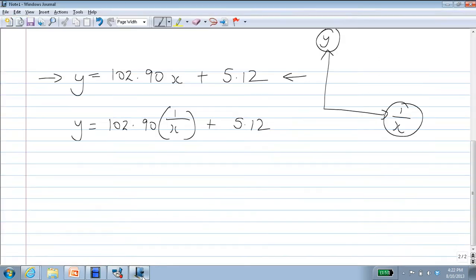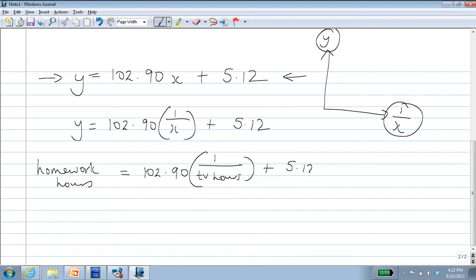So what we're going to do is replace y with exactly this word, homework hours. And don't take any shortcuts here, just write exactly the right variables they're using. Equals 102.9 times by 1 on TV hours plus 5.12.